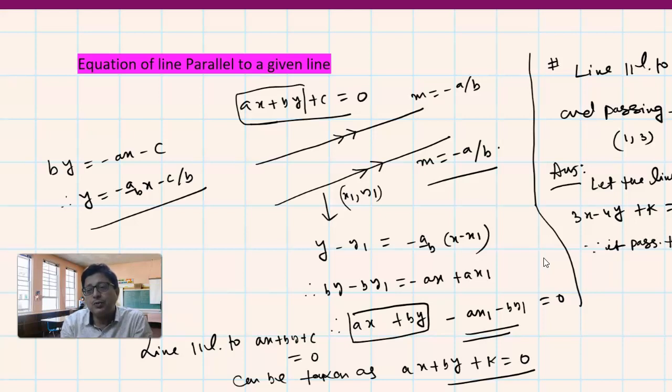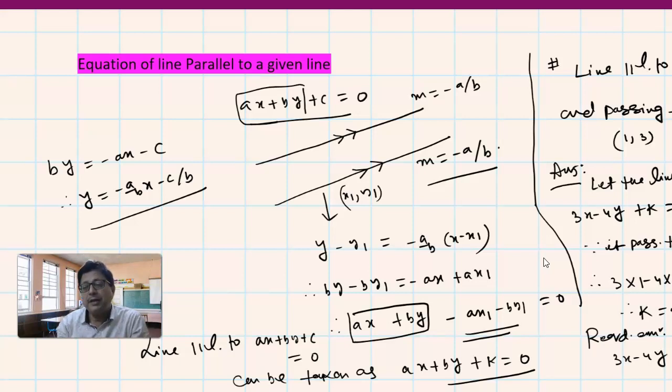Since it passes through 1, 3, therefore 3 into 1 minus 4 into 3, so k will be equal to 9. The required equation is 3x minus 4y plus 9 equal to 0. This way a line parallel to a given line can be determined.